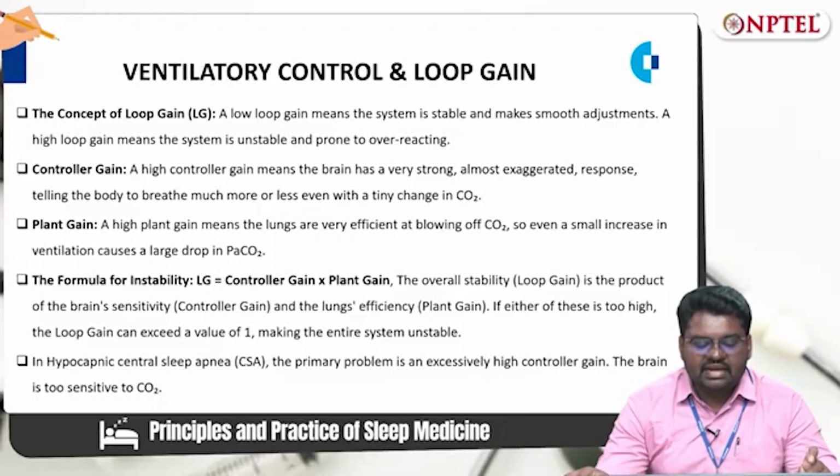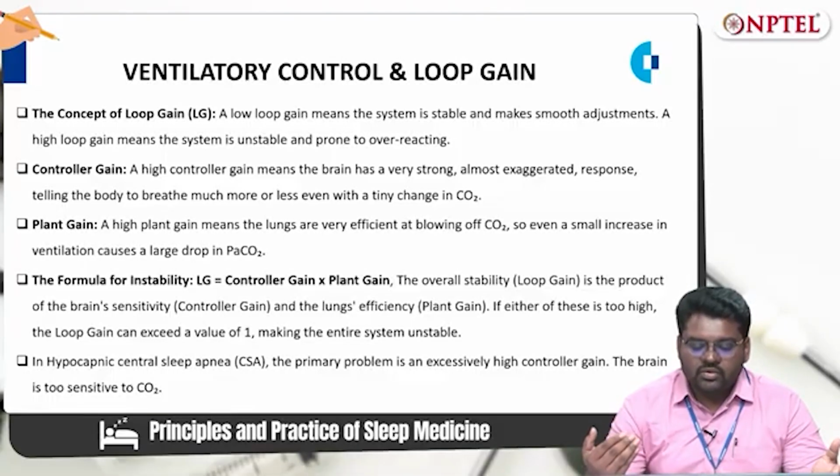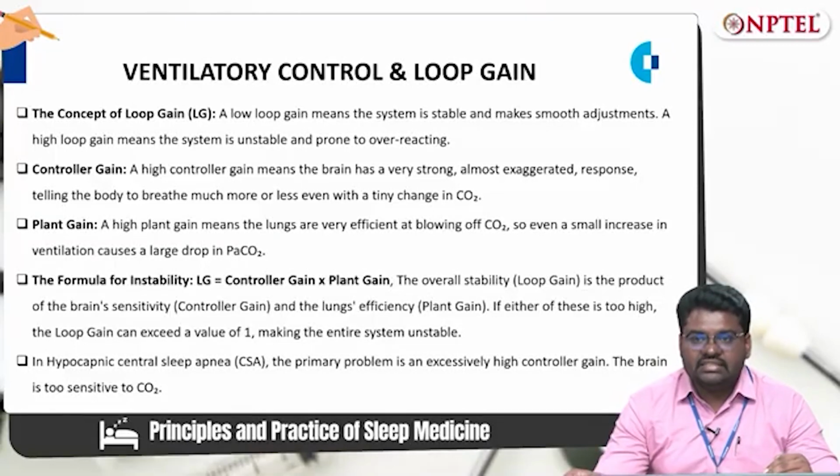A high plant gain means the lungs are very efficient at blowing off carbon dioxide. So in this, what happens is our respiratory muscles are compensating and working more to eliminate the carbon dioxide. So a small increase in ventilation causes a large drop in carbon dioxide.